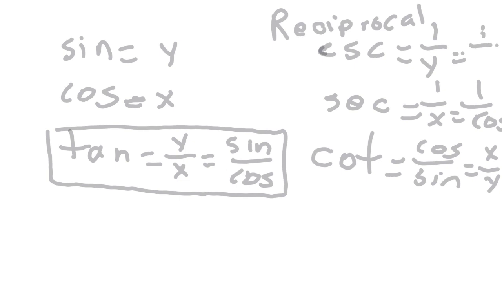You may have heard me say it in class, that S's go with C's. That's just one way to remember that. Sine's reciprocal function is cosecant. Cosine's reciprocal function is secant. And tangent and cotangent are going to go together no matter what. So those are your functions.